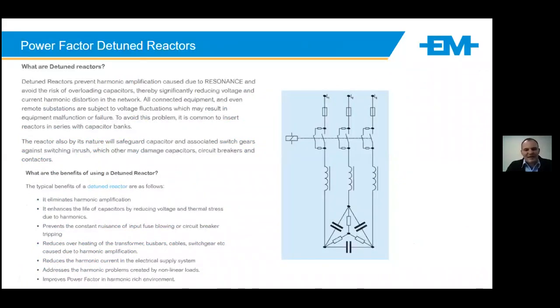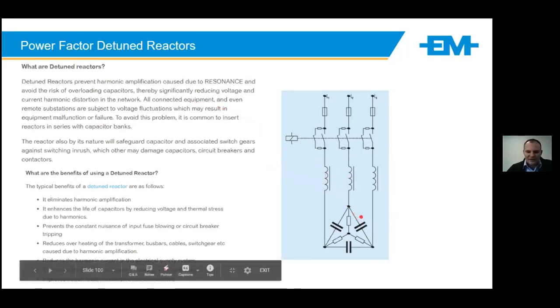That takes us on to how we protect our capacitors from harmonics. In this case, we would use detuned reactors. This prevents harmonic amplification caused by resonance and avoids the risk of overloading capacitors. These are wired in series with the capacitor banks. As EM, we have 7% reactors as an example, and on the system we would wire those in series with a capacitor.